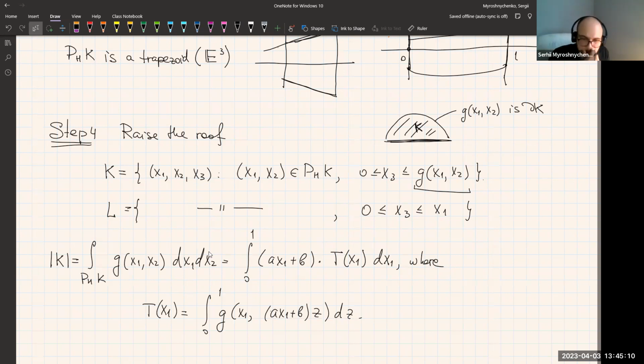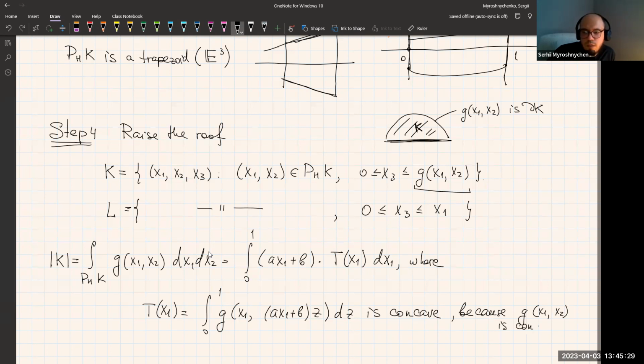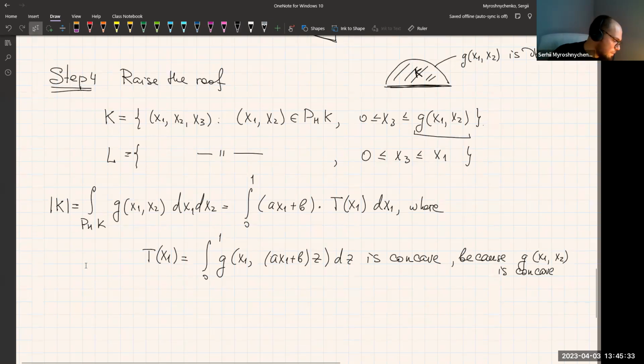Just change the variables. Okay, so this function as a function of x1 is concave. Why is it concave? Because actually G is concave. Exactly as you would expect the roof of a convex body to look like.